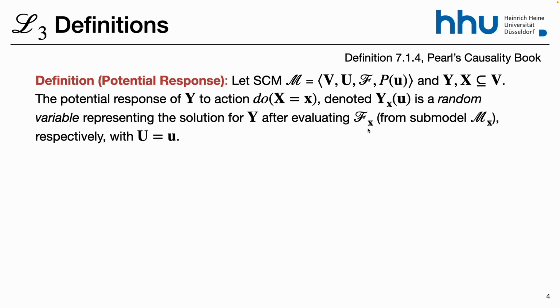Remember, we have the SCM, and we compute the value of Y after removing the lines into X. So we get the submodel M_x, where X is set, and for every X, you just set it to the value of small x, and then you just evaluate the values of Y. It's just a solution.